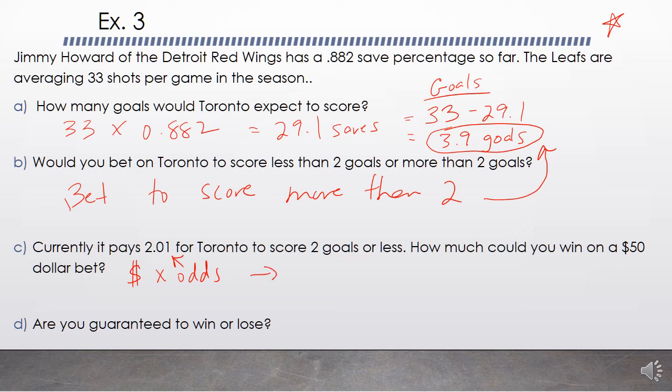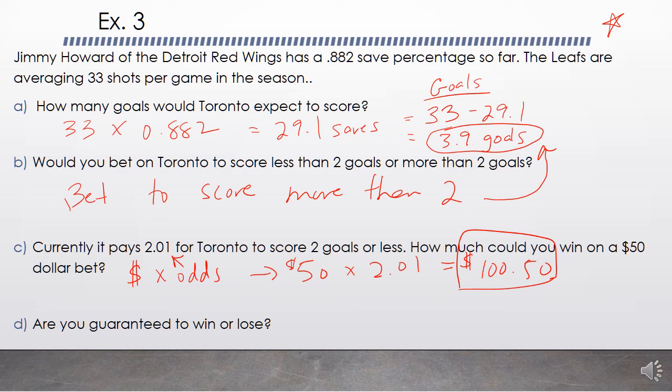So that means we're going to bet $50 multiplied by 2.01 equals 150. And that makes sense. The higher that odds number is, the more unlikely an event is to happen, which makes sense.